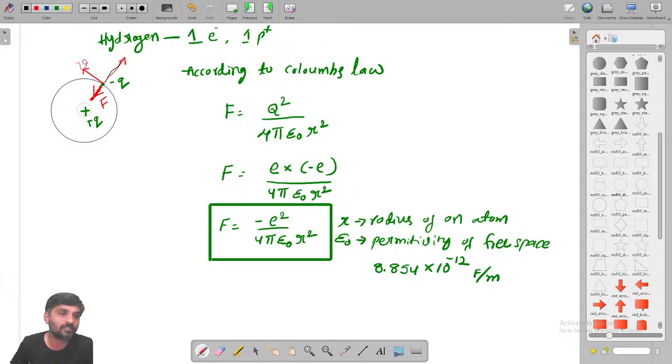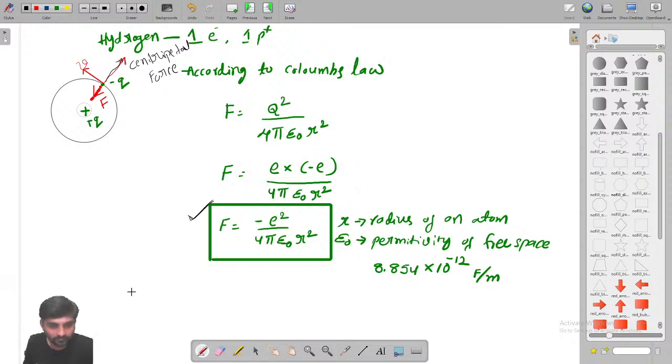This force of attraction will be compensated by the centripetal force. What is the formula for centripetal force?